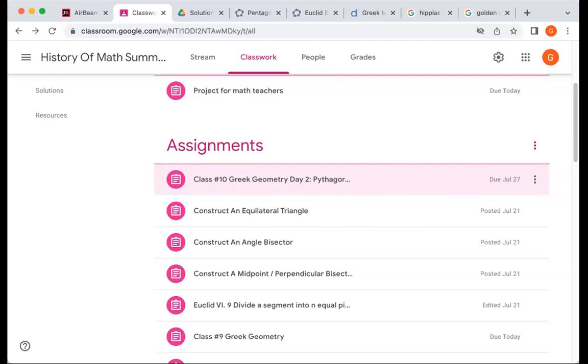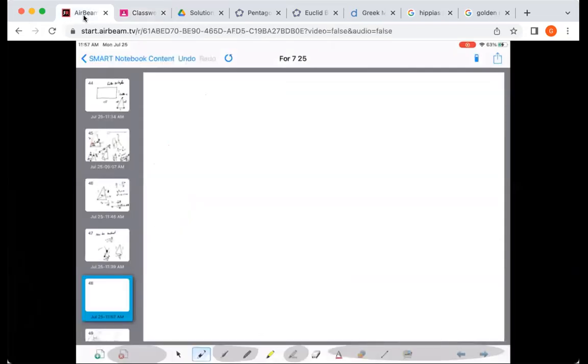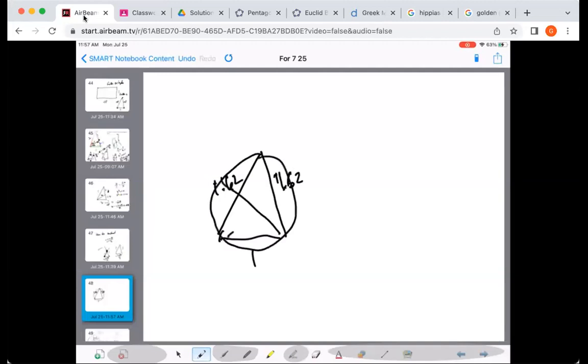Okay, everybody. I'm back. I had to make sure because there's actually two ways to do this, and I wanted to. One way to do this is to make your golden rectangle this way, and then make your circle, and then your two angle bisectors.